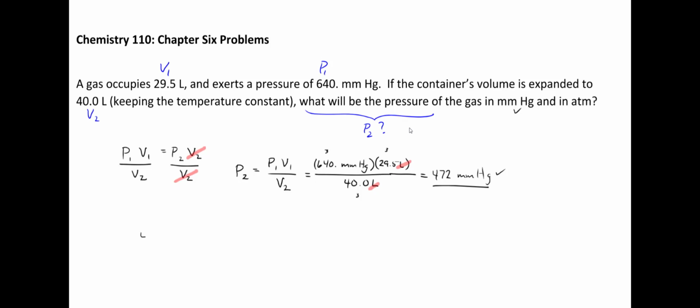So if we have 472 millimeters of mercury, you'll want to recall that we said that 1 atmosphere is 760 millimeters of mercury. And we said we were going to treat that as exact.